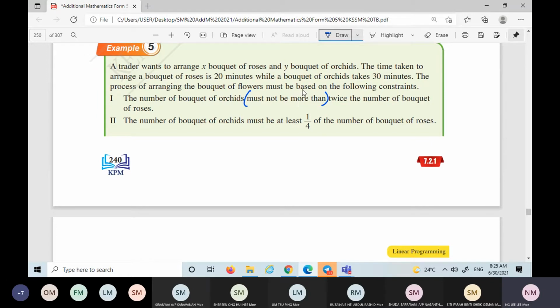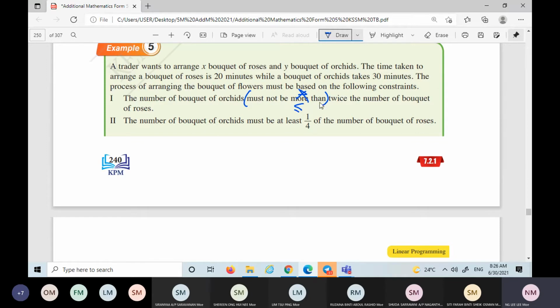Can it be equal or not? If equal, does it fulfill must not be more than? Okay, fulfill. So this kind of sentence with not is very confusing, so you have to be careful.